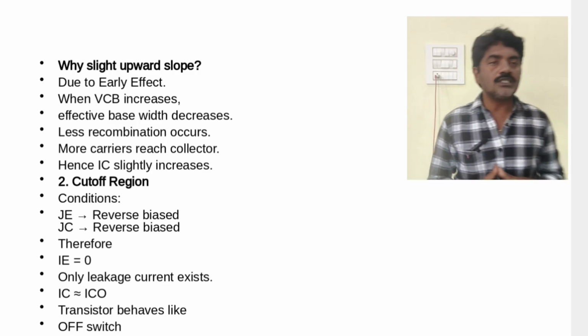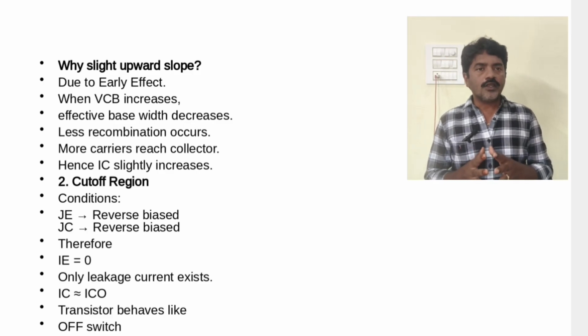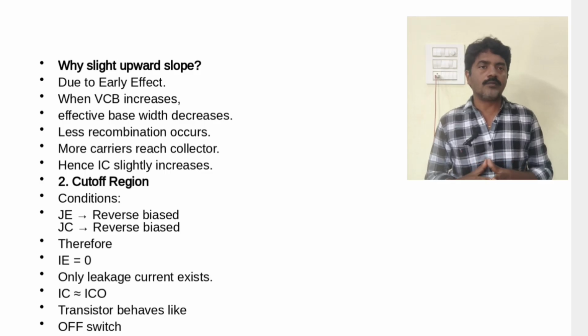Next one is the cutoff region. In the cutoff region, the input junction and output junction are both in reverse bias. It means the majority carriers disappear and only minority carriers come into the picture.